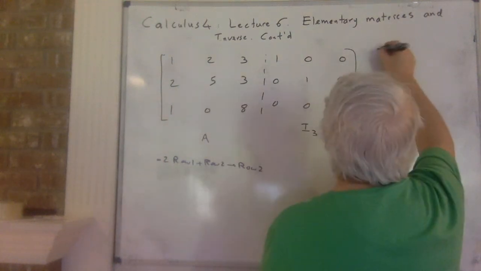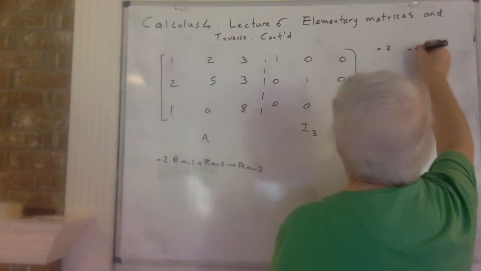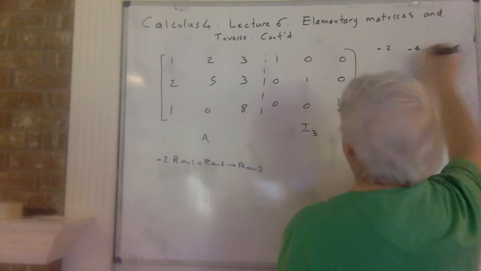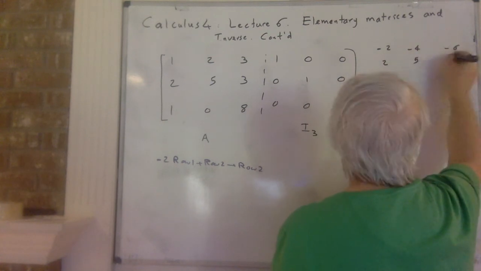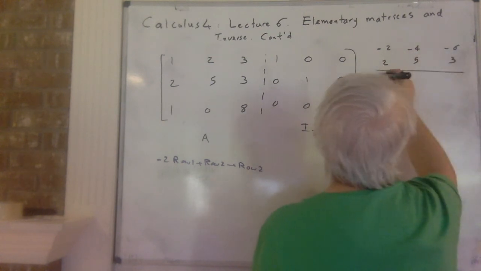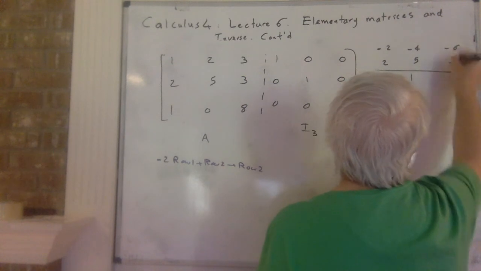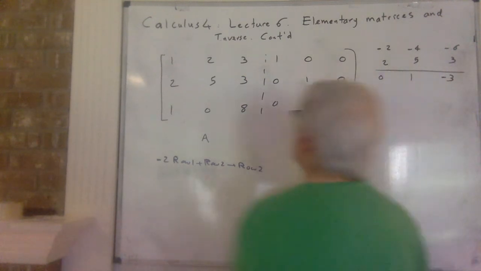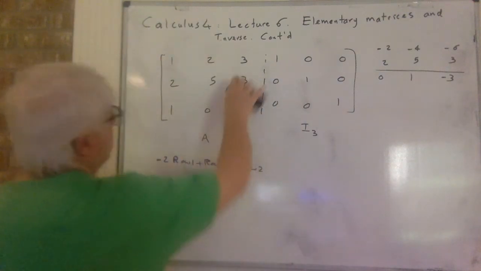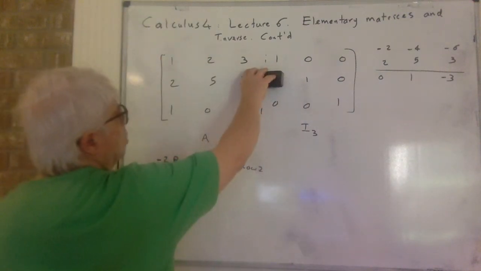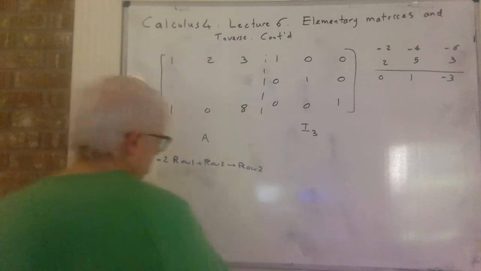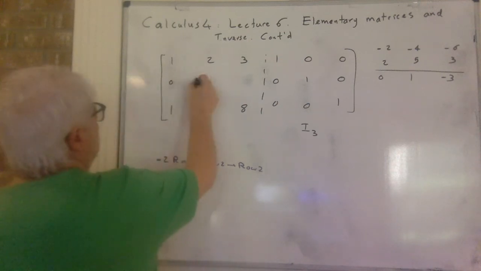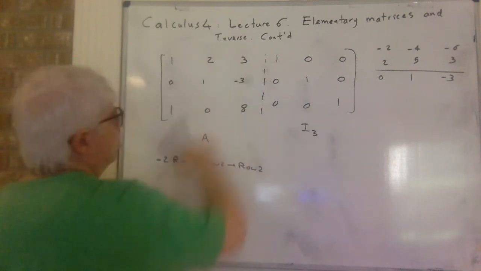So -2, -4, -6. 2, 5, 3. So I have 0, 1, and -3. So let's erase the second row. Now the second row is just 0, 1, -3.